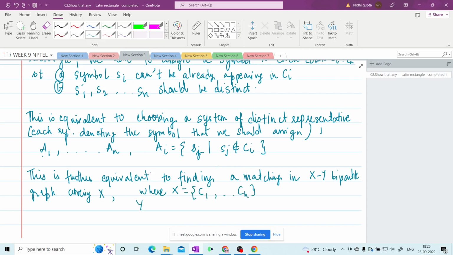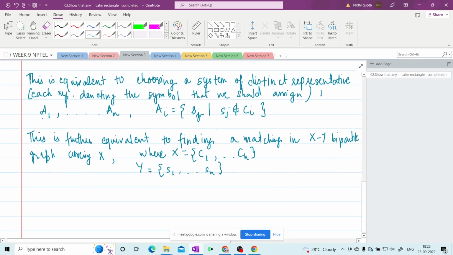And Y should be S1 till Sn, and Ci is joined to Sj by an edge. So what are the possible choices for column Ci?